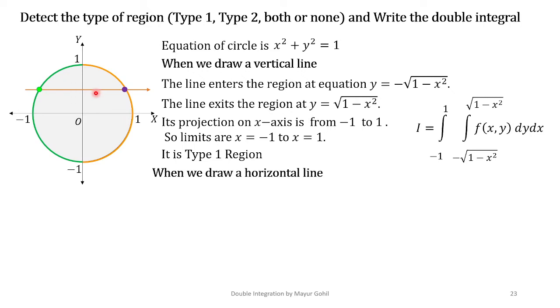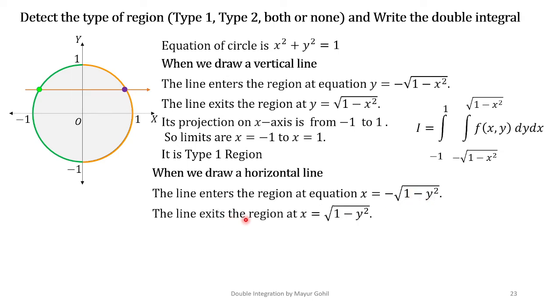So again, the circle can be seen as the union of two semicircles. The line is entering the region at x equals minus square root of 1 minus y square, and it is exiting the region at x equals positive square root of 1 minus y square.